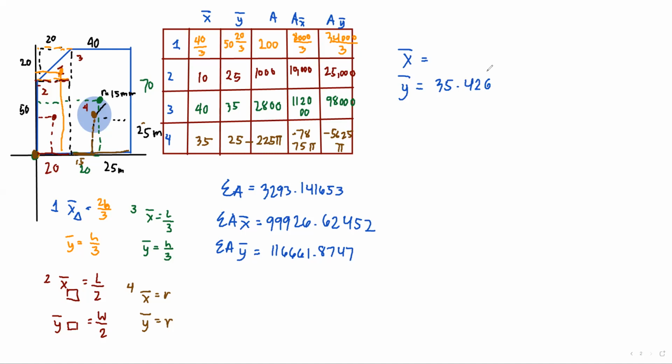And then next, 99926.62452 divided by 3293.14165 which is equal to 30.344. Okay, mm. So ngayon, i-plot natin para makita nyo.